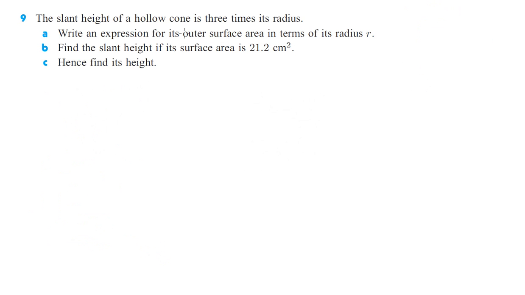9. Slant height of a hollow cone is 3 times its radius. Okay, so got a hollow cone, and the slant height, oh, so close. There we go. So our slant height, excuse me, is 3 times the radius. So let's call that R. So then the slant height is going to be 3R. Right?